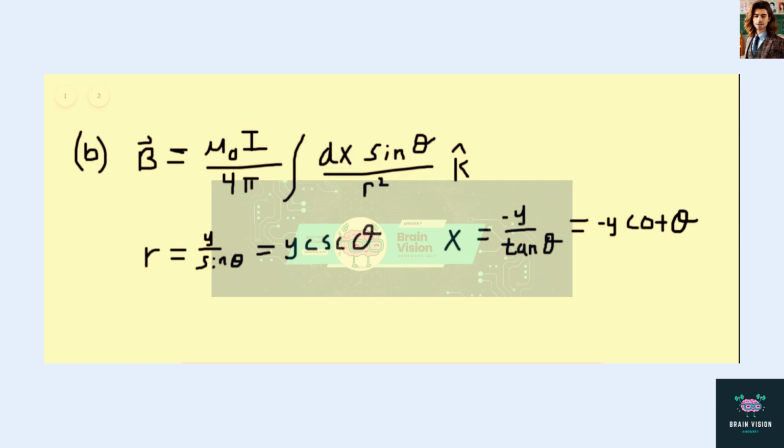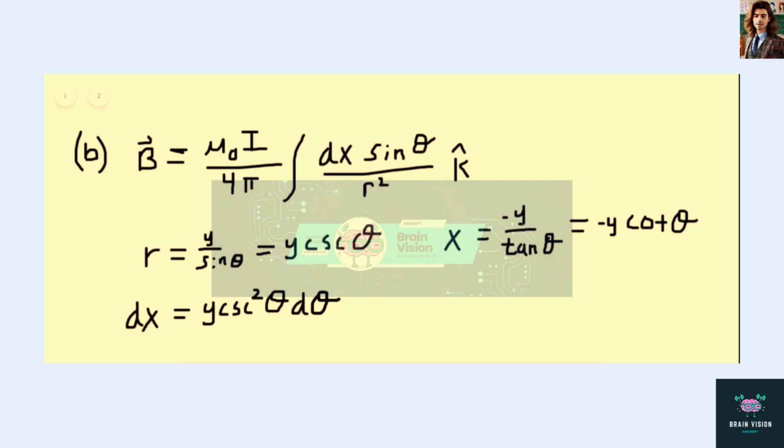Okay. Well, in our integration, we have dx. So if we take the derivative of x, then we can get dx. Differentiating x, we have dx is equal to y times the cosecant squared of theta d theta, because the derivative of the cotangent of theta is the cosecant squared of theta d theta.